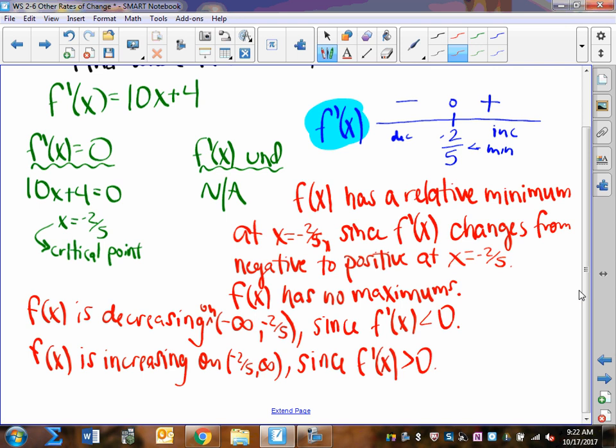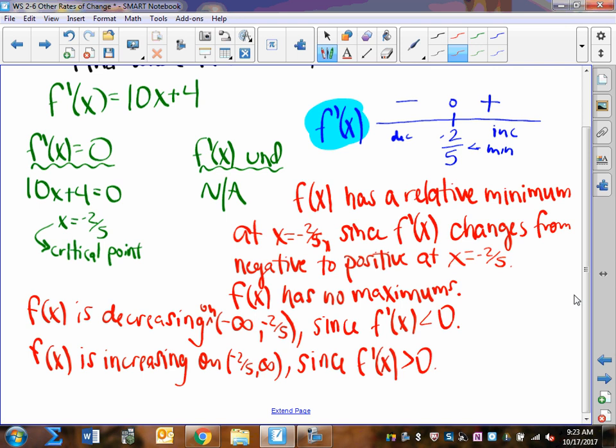You could say f prime of x changes from negative to positive at x equals -2/5, so f of x has a relative min there. But as long as you have the piece, where is the relative min occurring, and why do you know that? So this would only be your response for this question? Yes. Multiple choice, they would not have all these words, they would probably just list the maxes and mins. Alright, other questions with this?